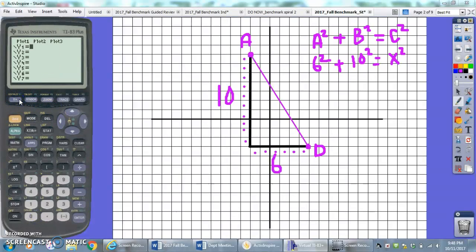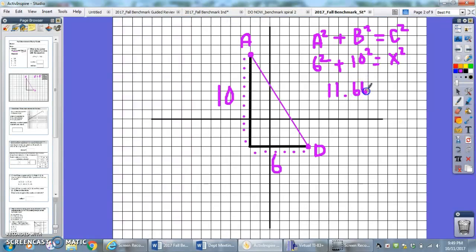Now go back to y equals, and I'm going to put the left side in, 6 squared plus 10 squared, and in y2 goes x squared, and then I'm going to hit second, trace 5, and wait for it to load. Now hit enter, right, enter, enter. And my answer is 11.66.